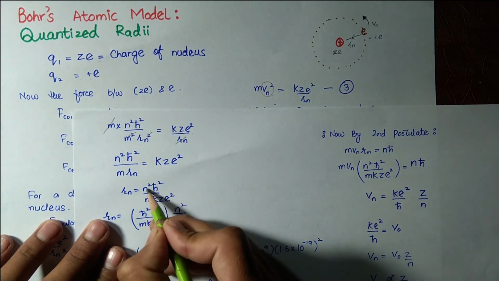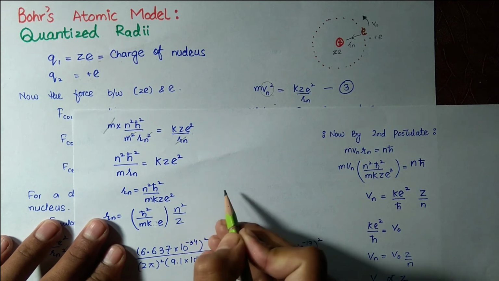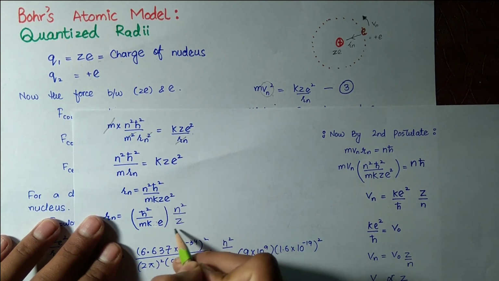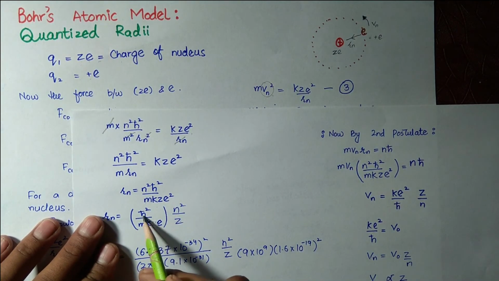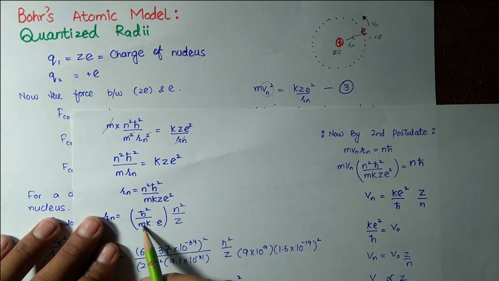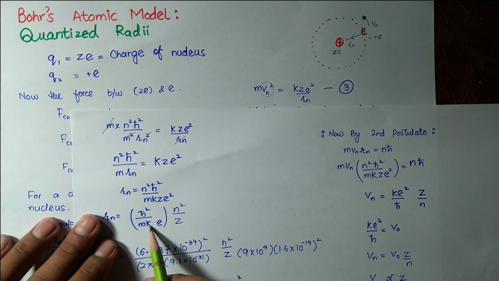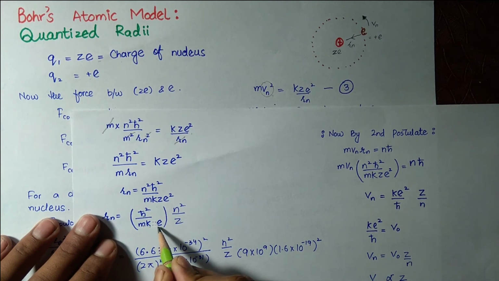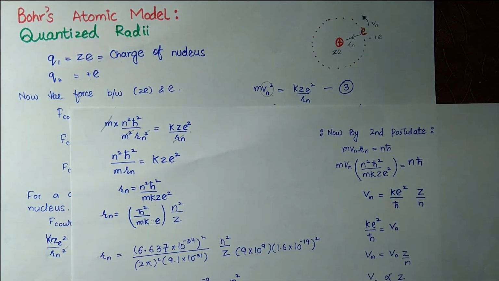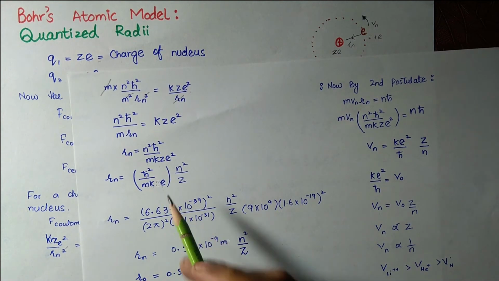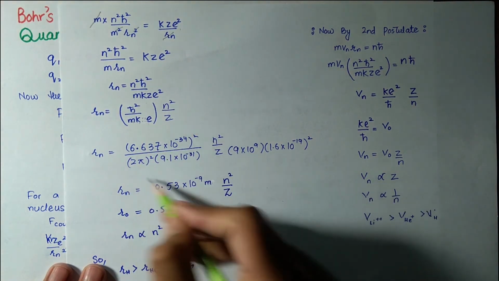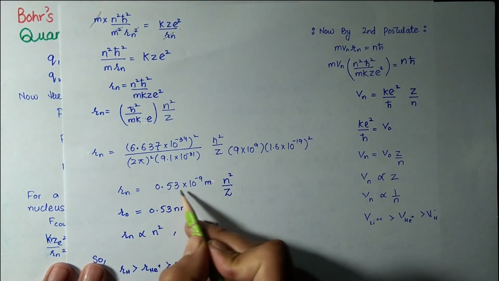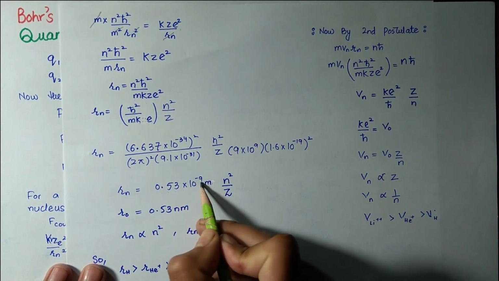So taking n square and Z outside, because these are the two variables and everything else is constant here. h cut is Planck's constant, m is the mass of the electron, k is the Coulomb constant, and e is also the charge, which is constant. So putting in these values for the constants, this will be equal to 0.53 times 10 raised to the power minus 9.